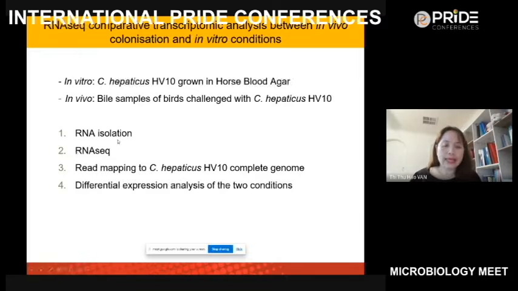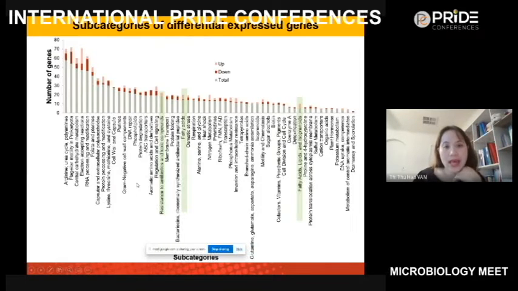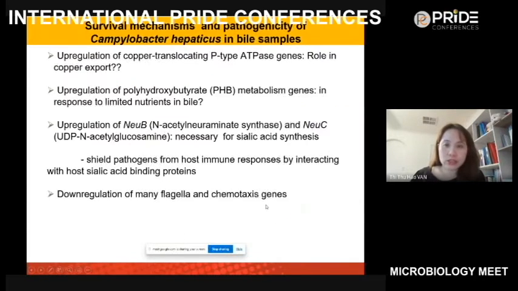So we did RNA isolation and sequencing, and then the differential expression analysis of the 2 conditions. As you can see here, some genes are up and down regulated, for example fatty acids and lipid genes, which are upregulated. So they may contribute to the pathogenicity of Campylobacter hepaticus.